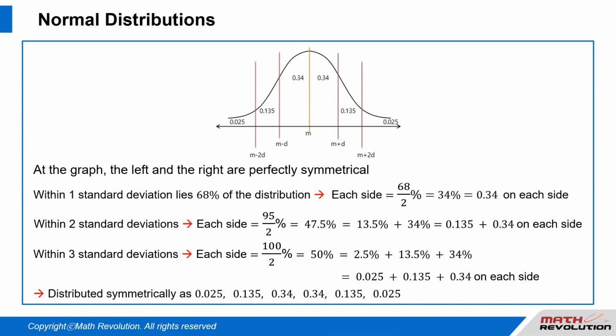In other words, the normal distribution is distributed symmetrically as 0.025, 0.135, 0.34, 0.34, 0.135, and 0.025.